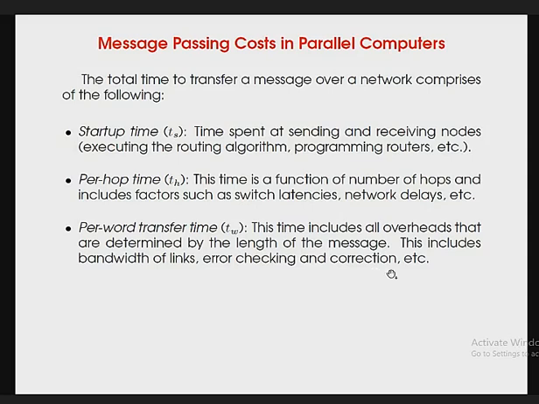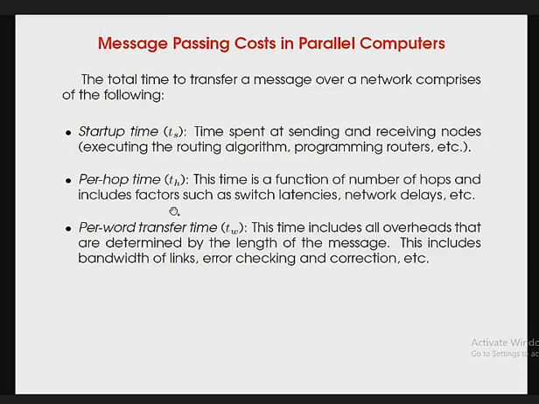So if the channel bandwidth is r words per second, then each word takes a time of 1 divided by r to traverse the link. Okay, so here we are considering these three principal parameters for calculating the message passing cost in a parallel system.